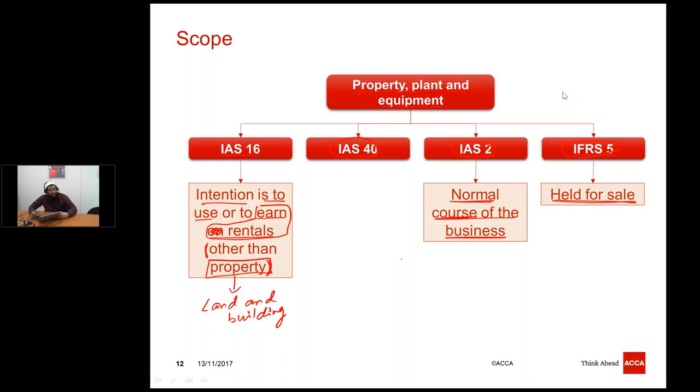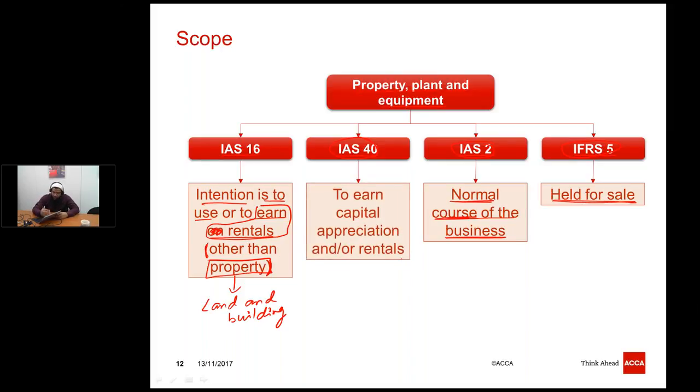And the last thing is IAS 40. In IAS 40, the property would fall where the objective is to earn capital appreciation and or to earn rentals. But IAS 40 would apply only to property. So anything other than property will not be classified in IAS 40, because the name of IAS 40 is investment property.